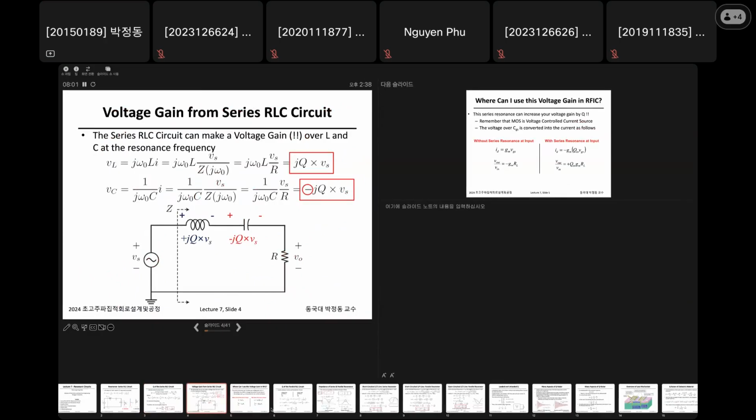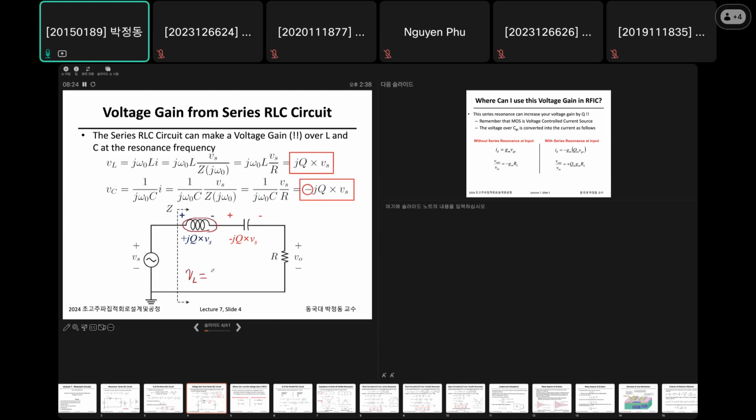So let's take a look at the component voltage when we express this component voltage in terms of the quality factor Q. This is very straightforward. For example, the voltage drop over the inductor is VL.